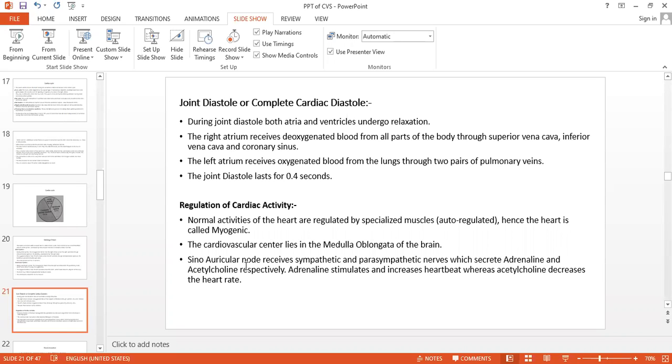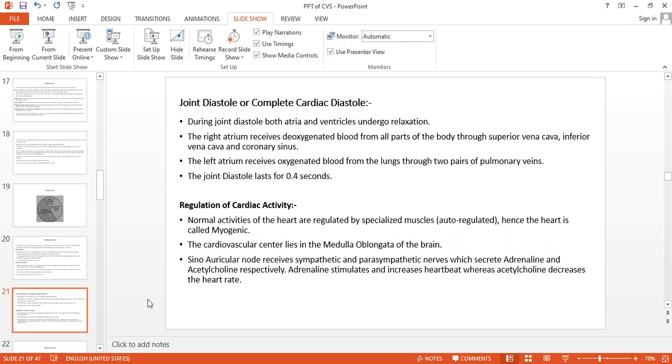Two types of nerves innervate the SA node, the sympathetic nerves and the parasympathetic nerves. The sympathetic secretes adrenaline, and the parasympathetic secretes acetylcholine; adrenaline stimulates the heart and acetylcholine depresses the heart rate.